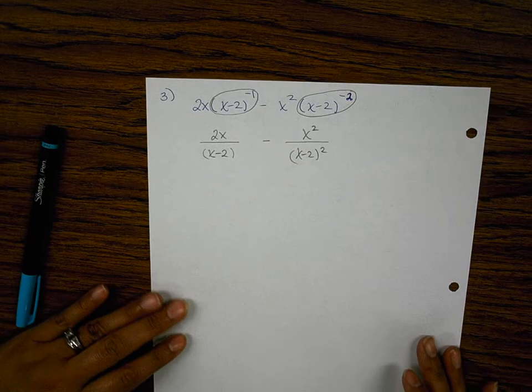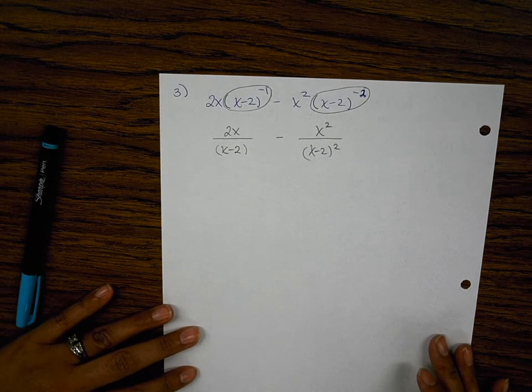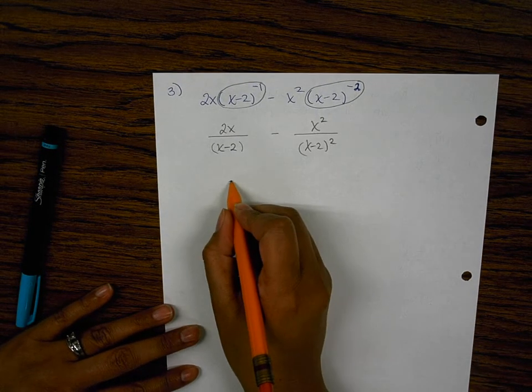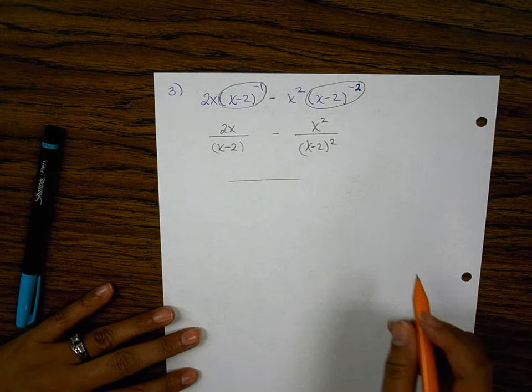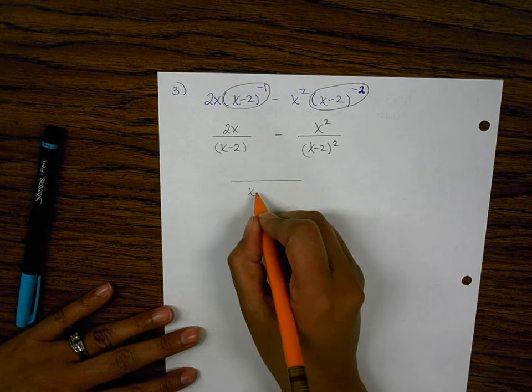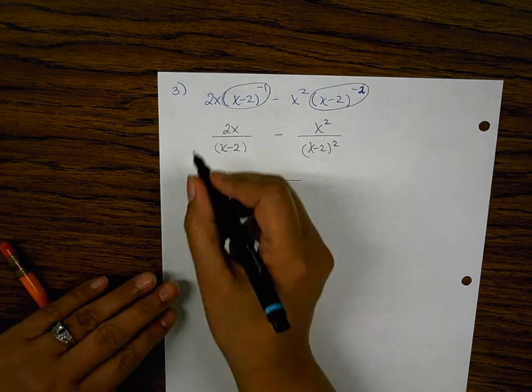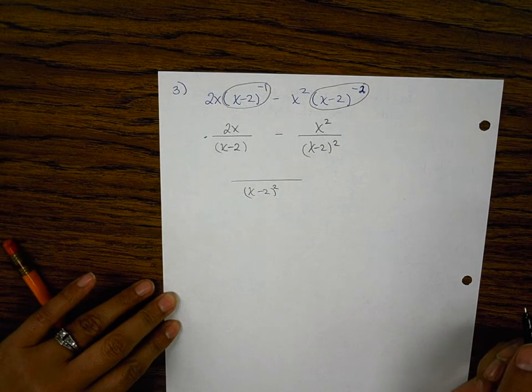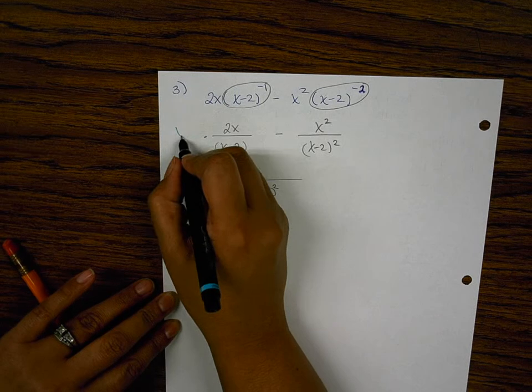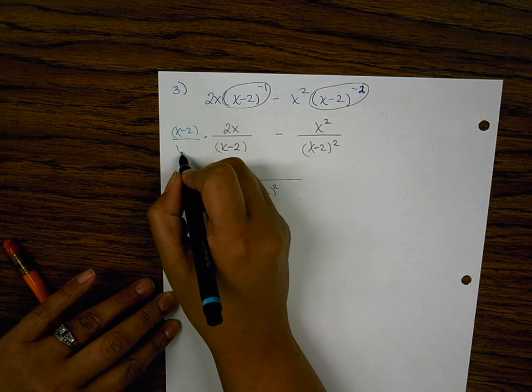Quantity squared, and the x squared is staying at the top. All right, so we look and we figure out what is the common denominator. And I'm hoping everyone can recognize that it's x minus 2 quantity squared. So this first fraction needs to multiply by what?